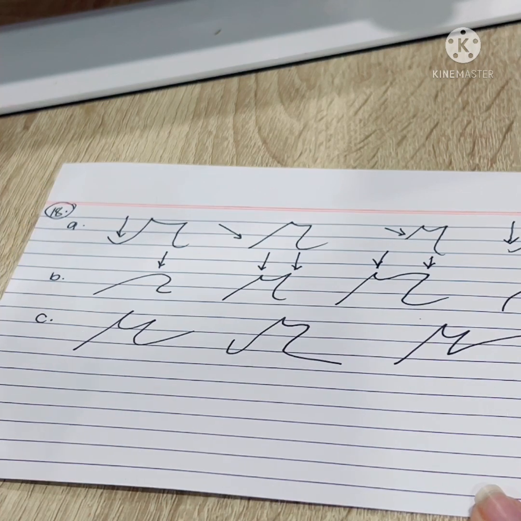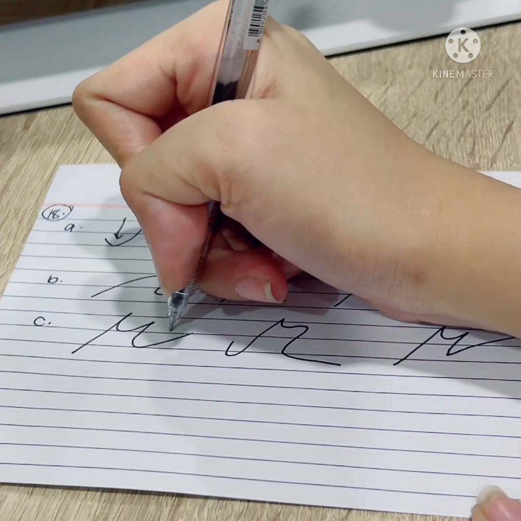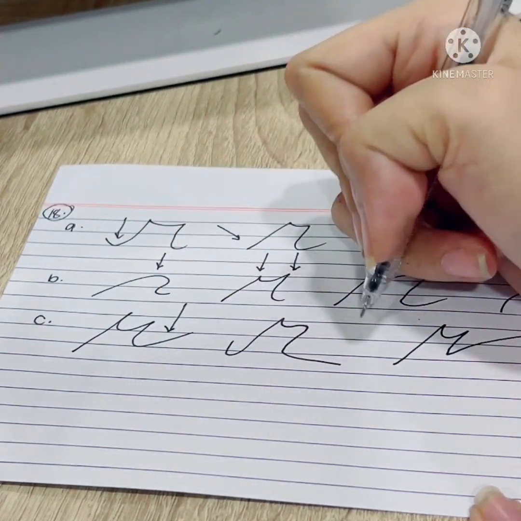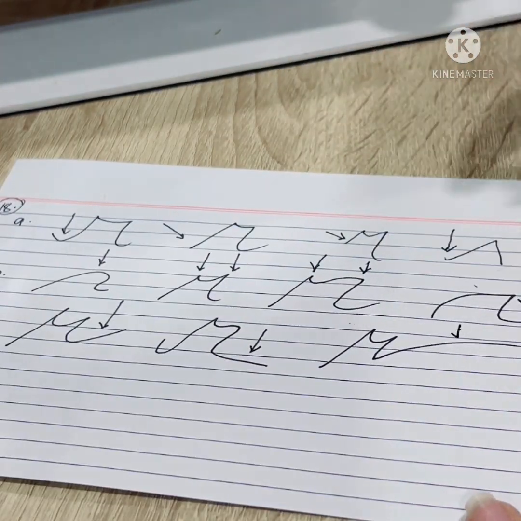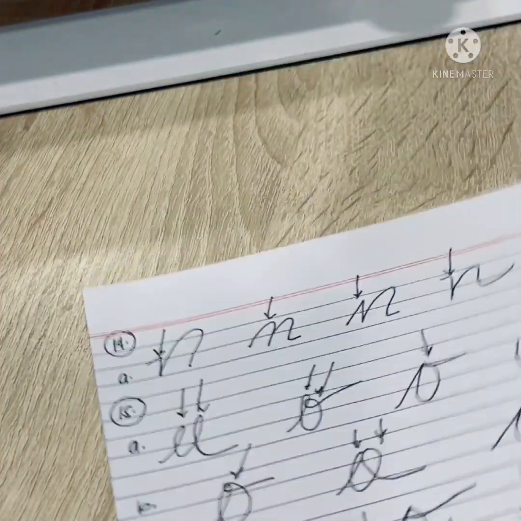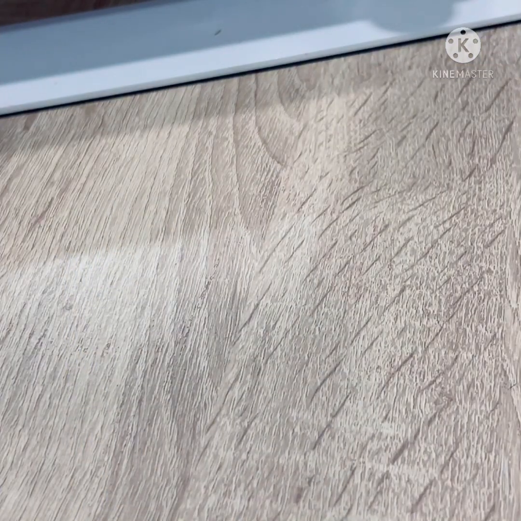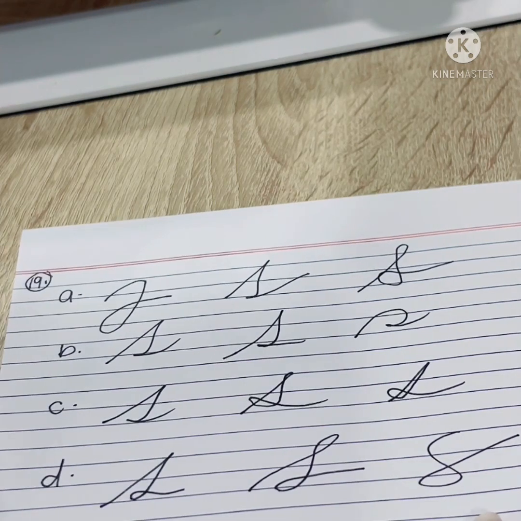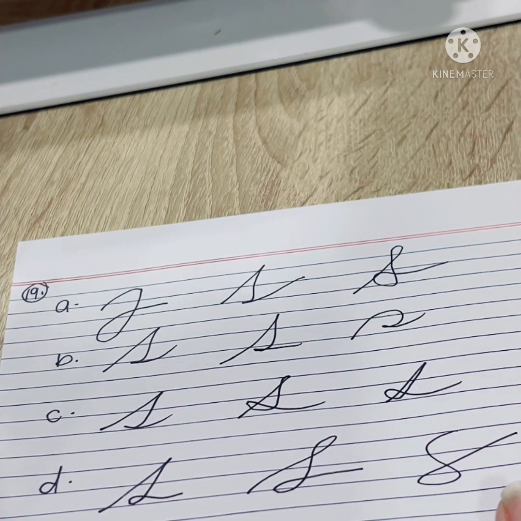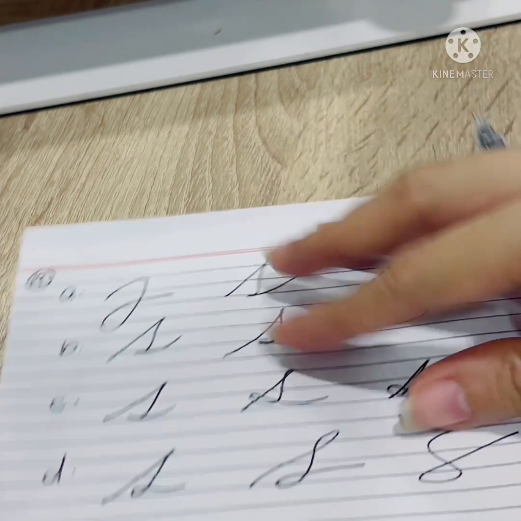C. Examine the final stroke. Examination of small letter S. A. Examine the initial stroke whether on or above or below the baseline.